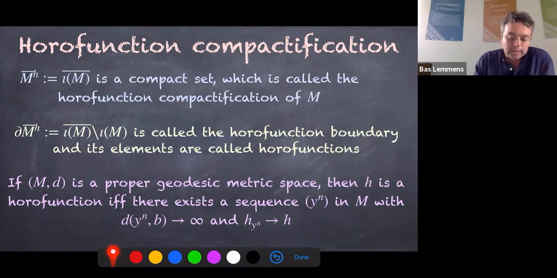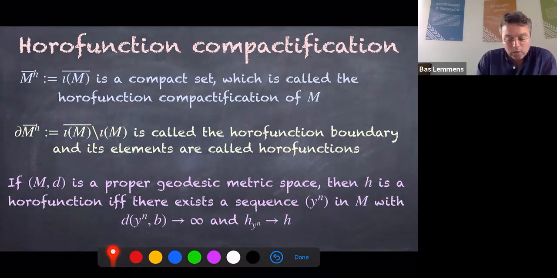This is not always a proper topological compactification, as our embedding need not have a continuous inverse on the image. This is the case if our metric space is a proper metric space, but in general, one cannot hope for this.